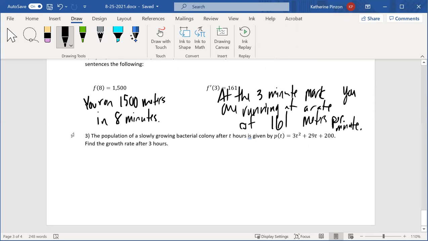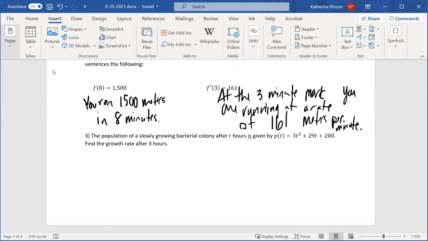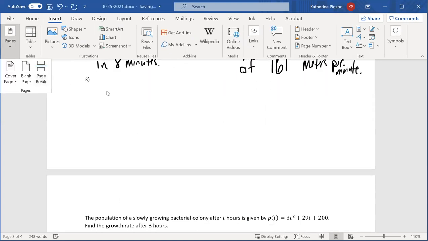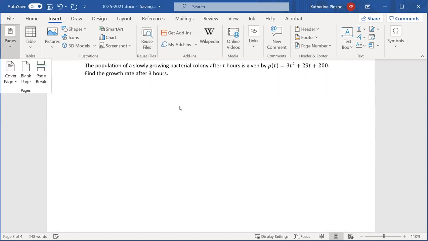Okay, one more. I'm going to have to put this on another page. The population of a slowly growing bacterial colony after T hours is given by P of T equals 3T squared plus 29T plus 200.